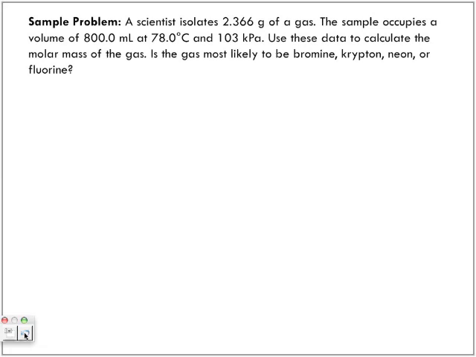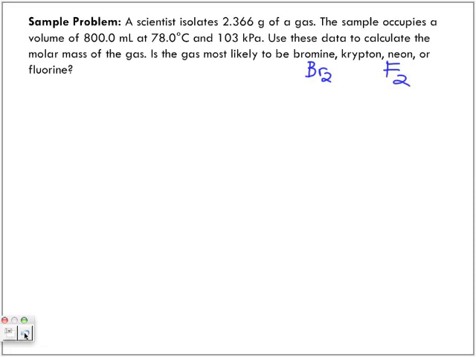So when you're trying to find the molar masses of these four gases, keep in mind that for bromine, we're not just going to write Br, we're going to write Br2. When we're trying to find fluorine here, we're not just writing F, but F2. And neon and krypton, they're not part of the diatomics, so we don't have to worry about those. Those are just, find whatever the molar mass is of those ones.